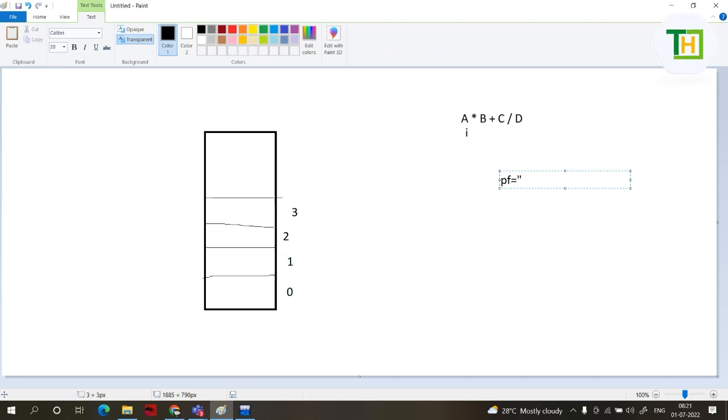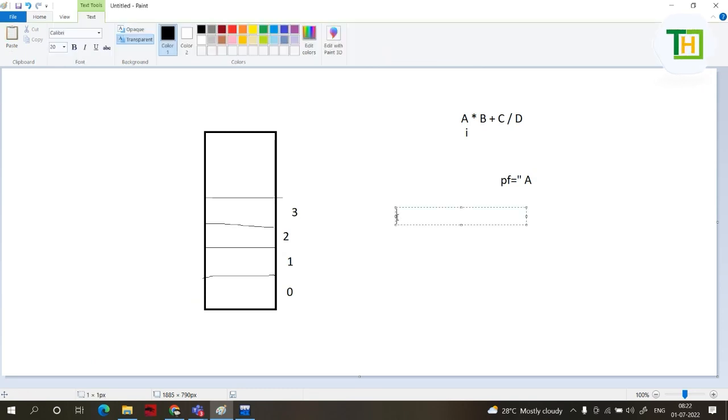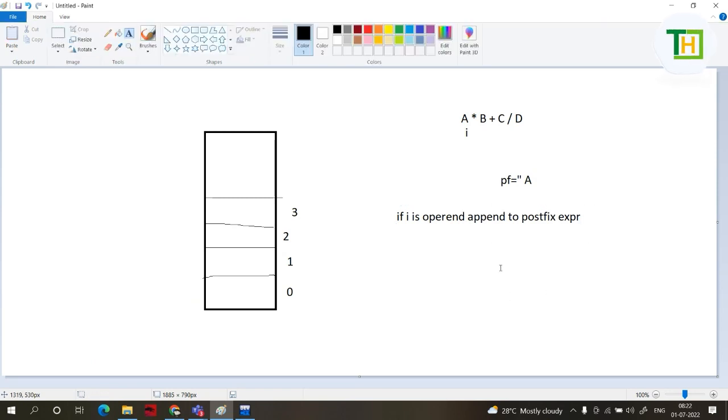Just simply append it to the postfix expression, nothing else. Then I is incremented.